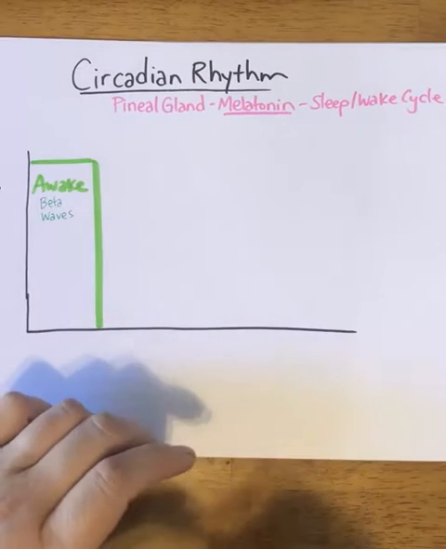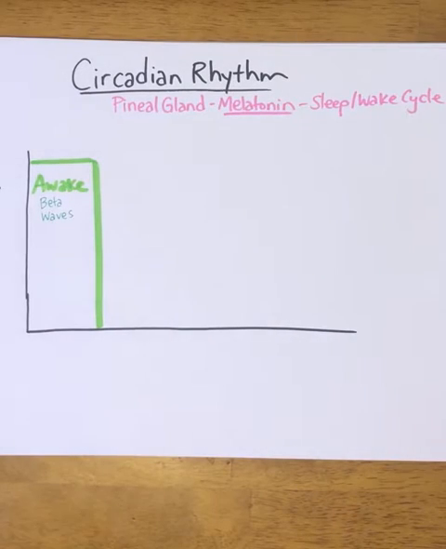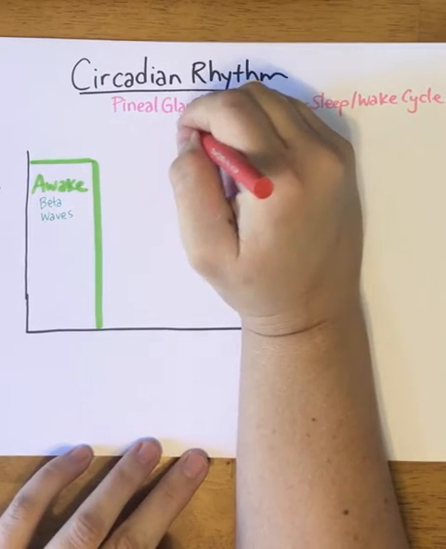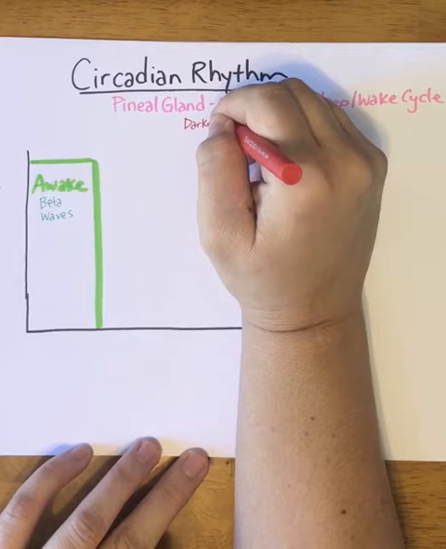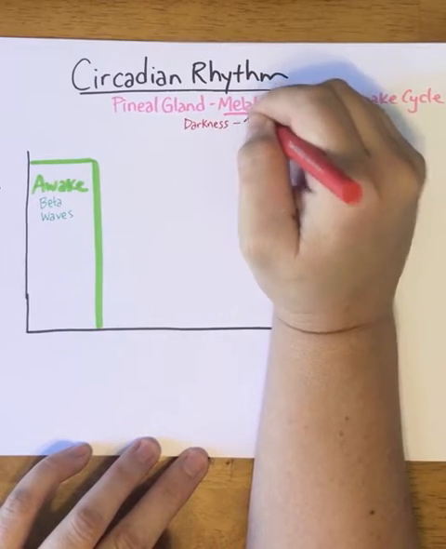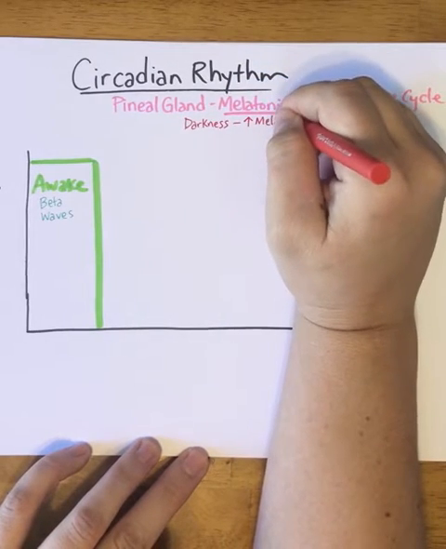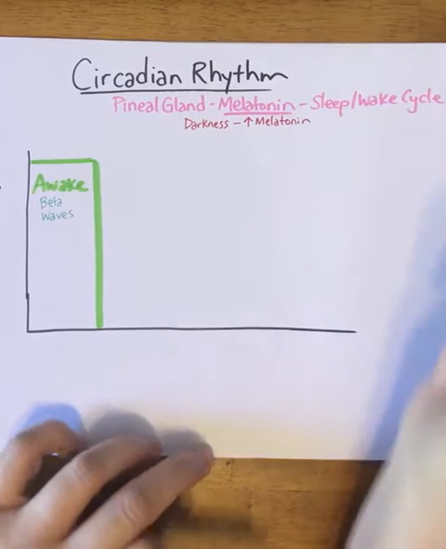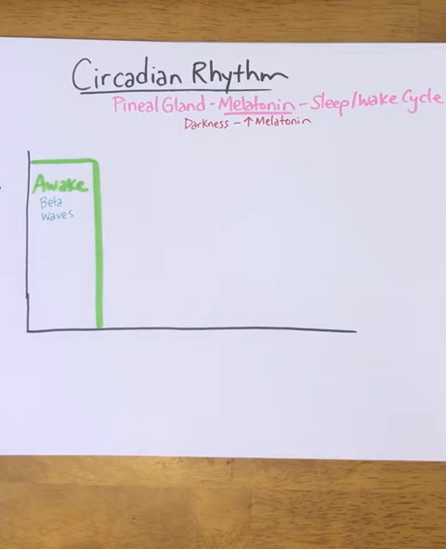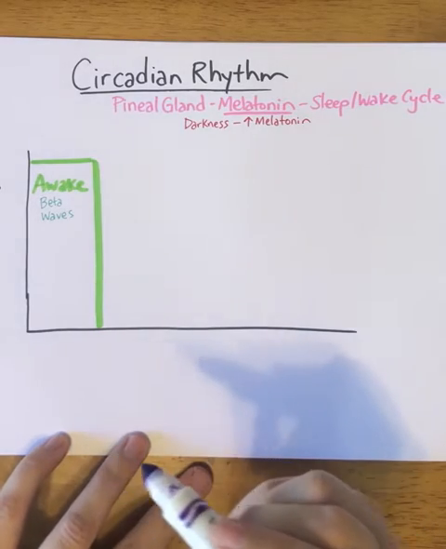Now, as the sun sets and it starts getting dark outside, you increase your melatonin production and you start to feel sleepy. So the first 3 phases are called sleep stage 1 or sleep cycle 1, sleep cycle 2, and sleep cycle 3.